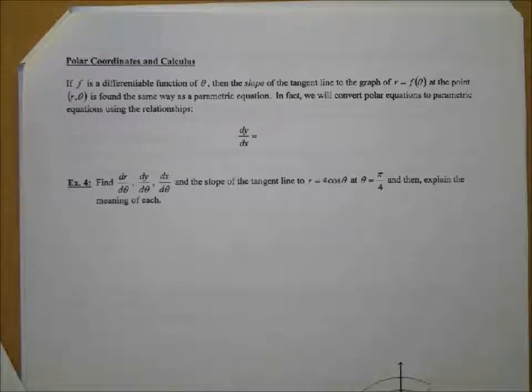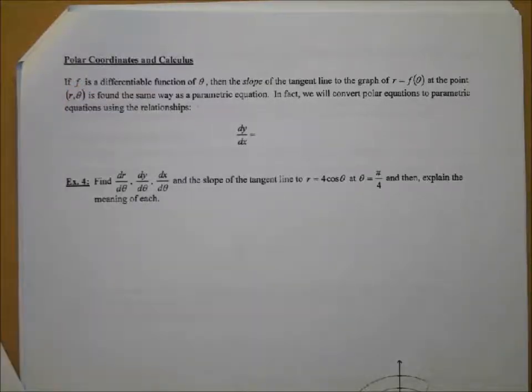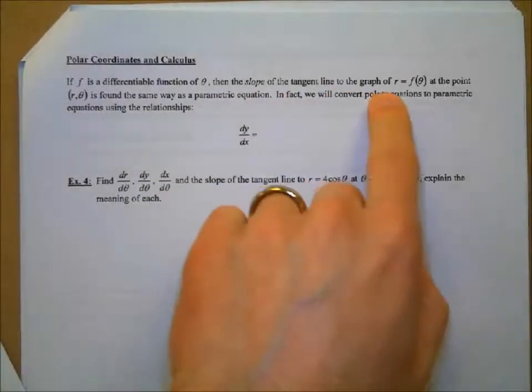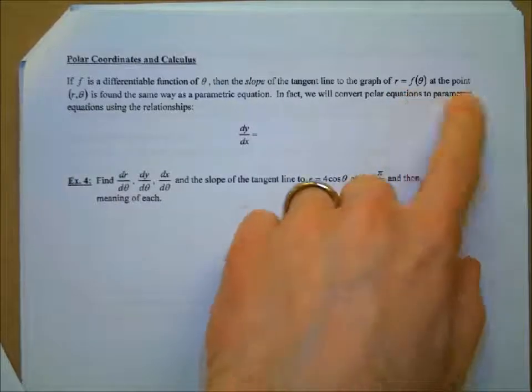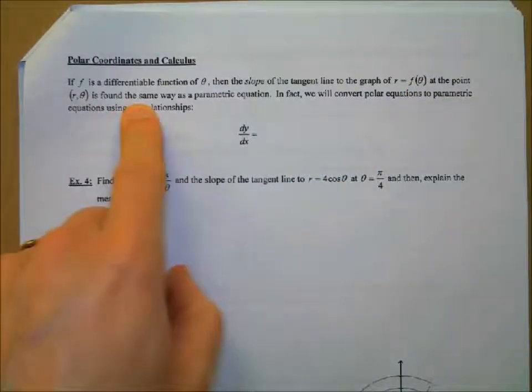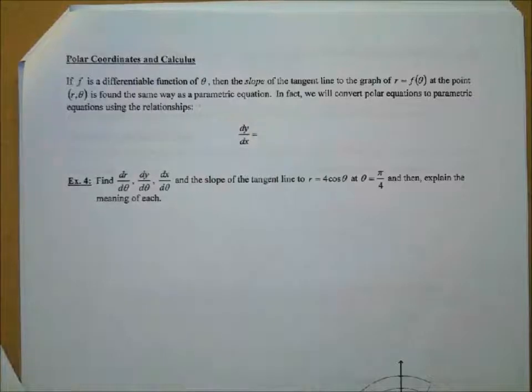So, polar coordinates and calculus: if f is a differentiable function of theta, then the slope of the tangent line to the graph of r equals f of theta at the point r comma theta is found the same way as a parametric equation. In fact, we will convert polar equations to parametric equations using the relationships.